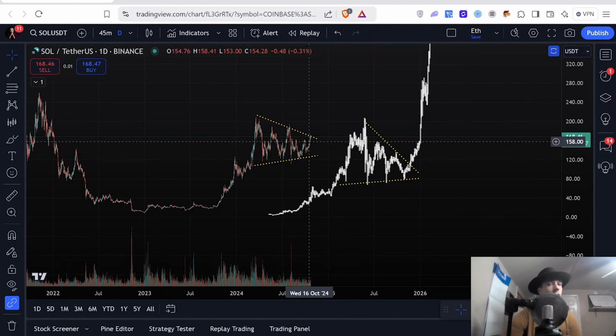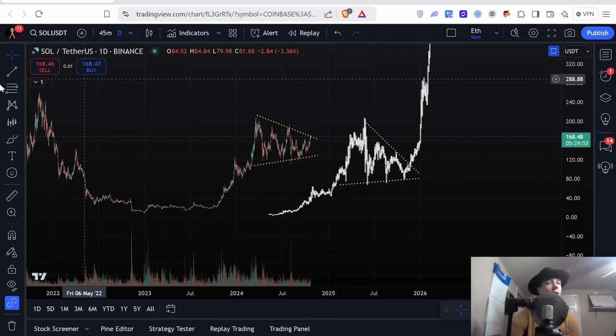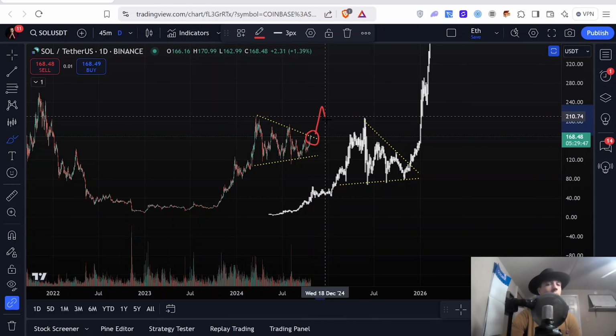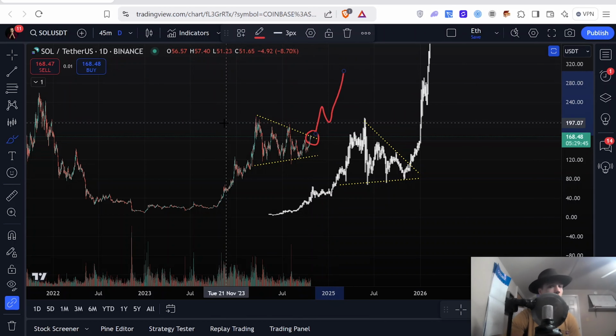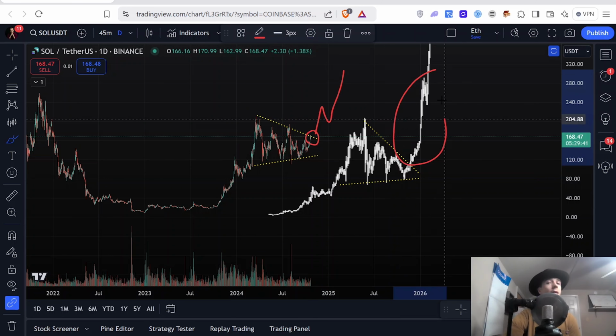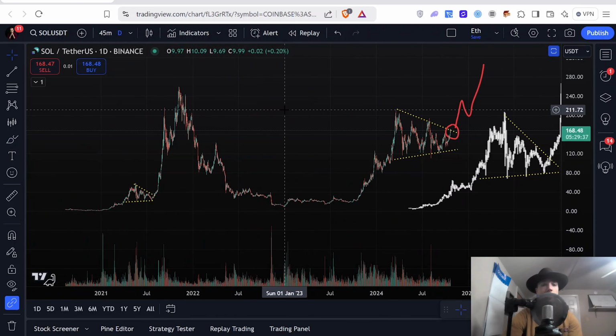As you can see, we've started to head up towards the resistance of this triangle. Now, if we can get above this triangle and break out through that resistance level, I think we're going to see a lot of money come into Solana really quickly. Just like what happened right here when it broke bullish out of its triangle in the last cycle.